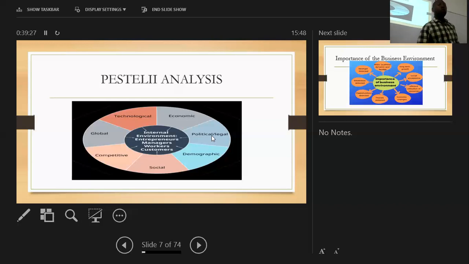All right. So when we look at the PESTLE analysis now, we're looking at political factors, economic factors, socio-cultural factors, technological factors, ecological factors, legal factors, institutional factors, and international factors. So you see that when you look at social, it's socio-cultural factors linked to demographics.